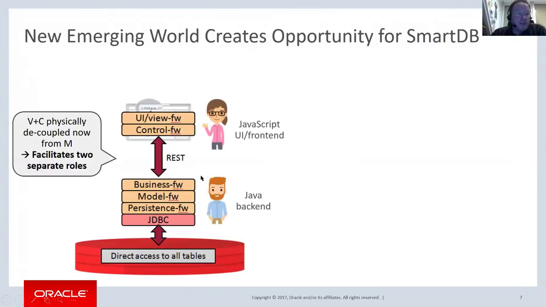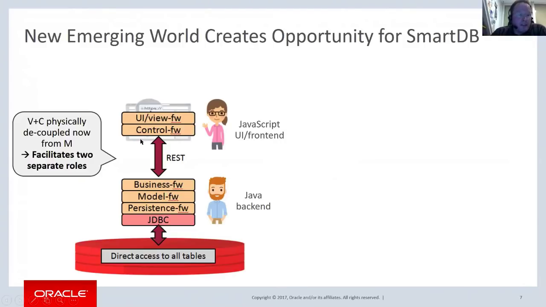Yeah, so this whole new architecture that we see as a very popular one nowadays is enabling these two separate roles: a user interface front-end developer and, well, I mentioned here Java backend developer, but it could be a JavaScript backend developer if you use Node.js or anything else probably.